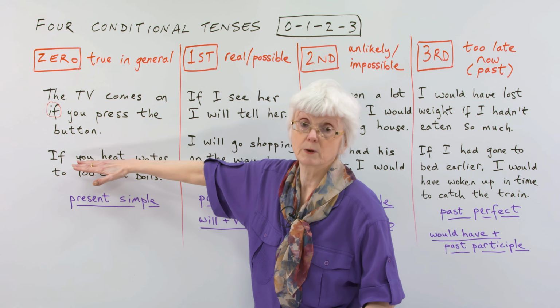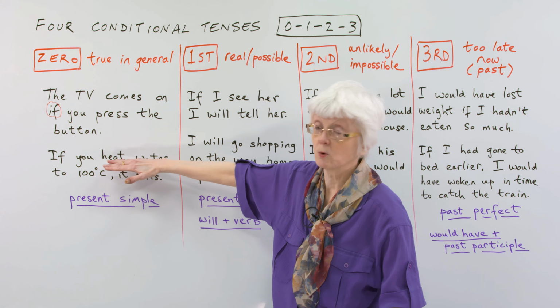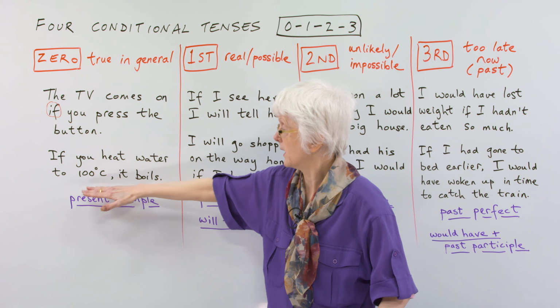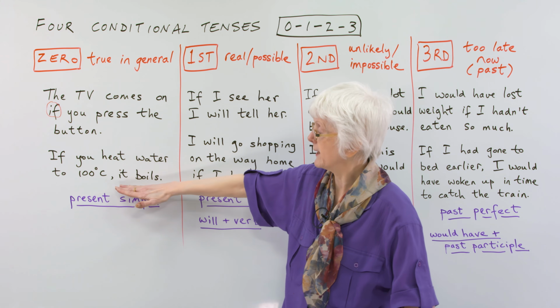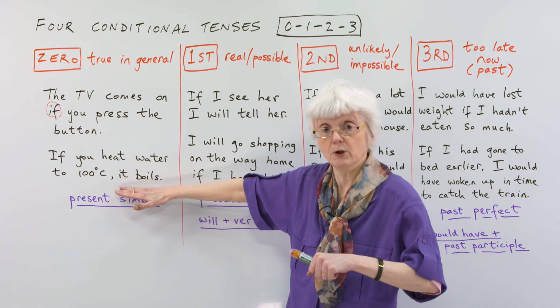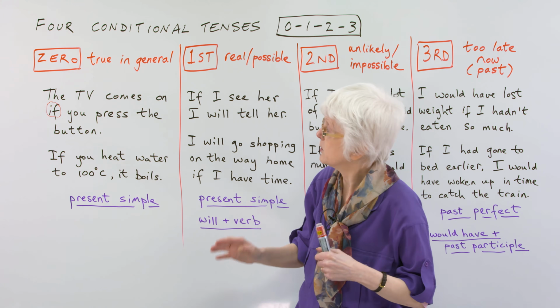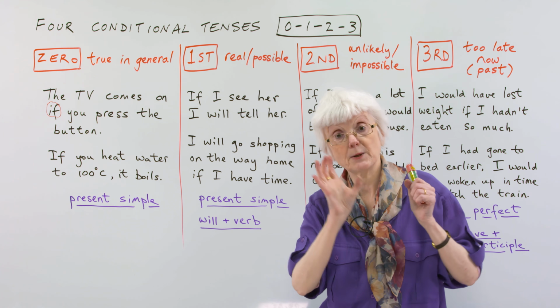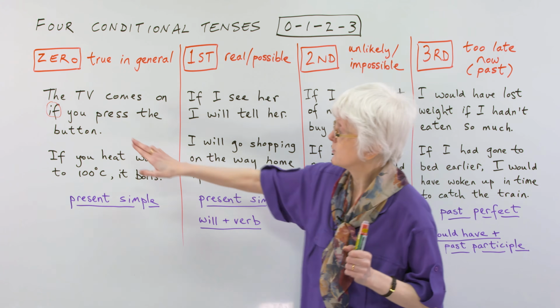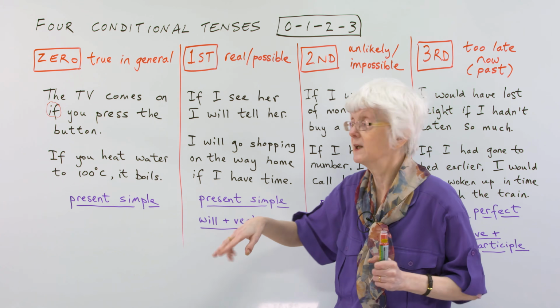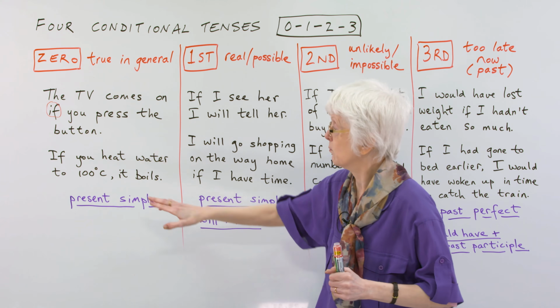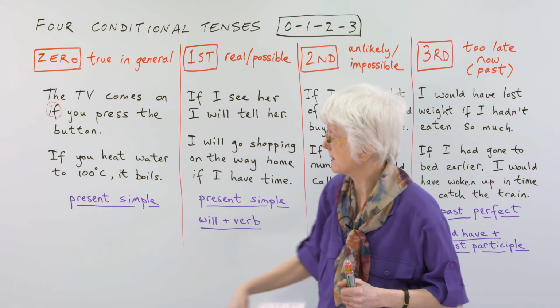This one, we start with the if clause. If you heat water to 100 degrees centigrade. And then the main clause, it boils. The water boils. That's the main clause. So the sentences are made up of 2 clauses joined together with if somehow, whether it's at the beginning or in the middle.